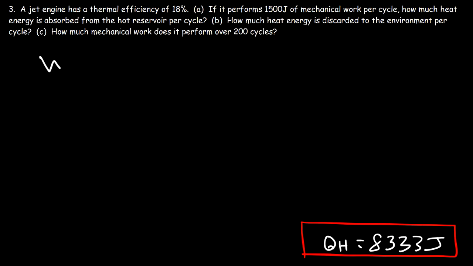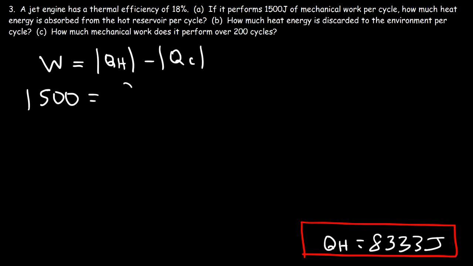So we know that W is the difference between QH and QC. W, the mechanical work, is 1500. QH is 8,333. And so to calculate QC, what we need to do is basically subtract both sides by 8333.